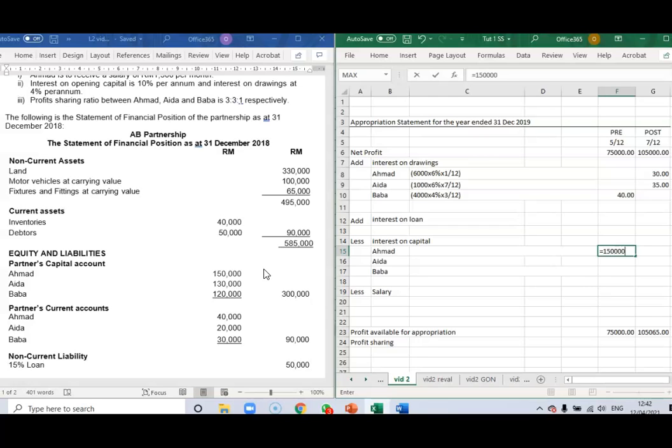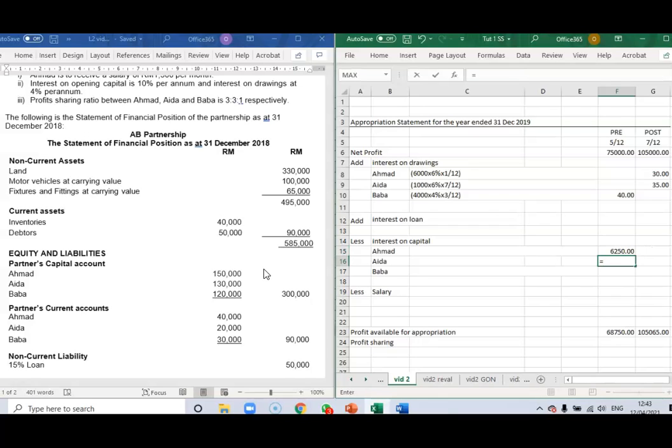150,000 the opening balance, and the rate is 10%, so 0.1, and you need to calculate the time from January to May, because on the 1st of June you already changed the agreement. No interest on capital anymore. So only 5 months. So 5 over 12.